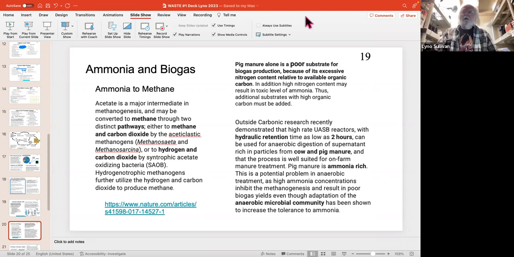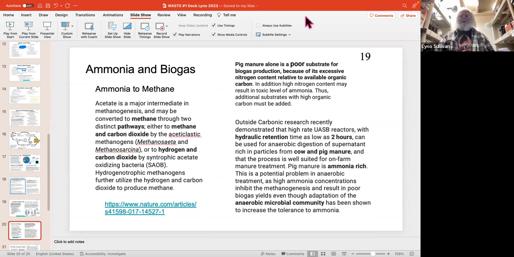So that's part of the answer then maybe for the pig farm solution is, instead of adding another pig barn, maybe add a cattle barn where you can get cattle manure and add it in.